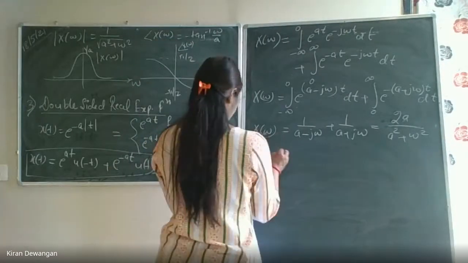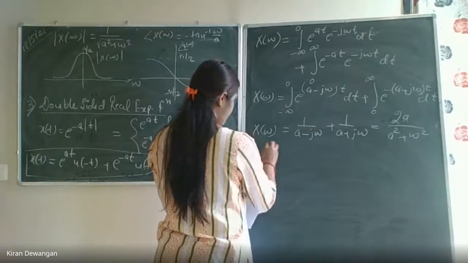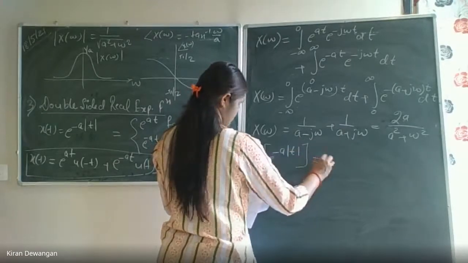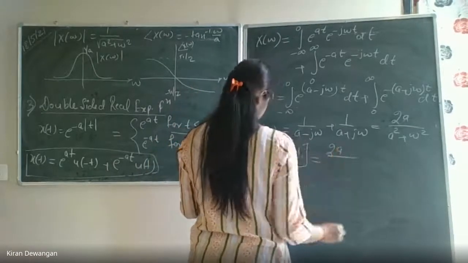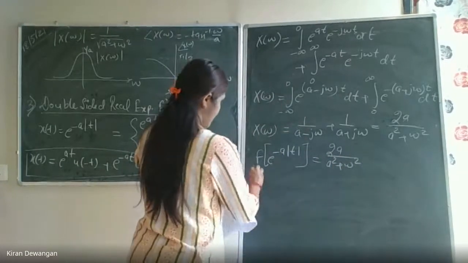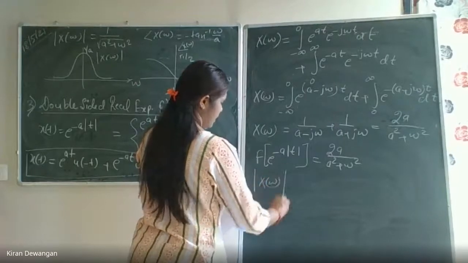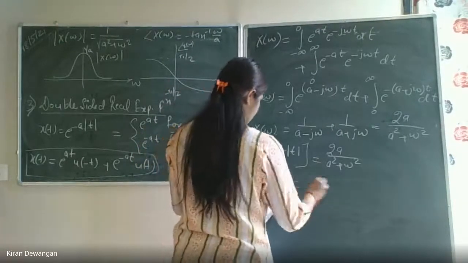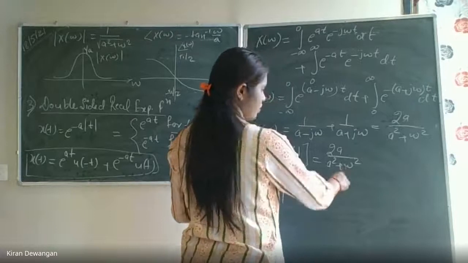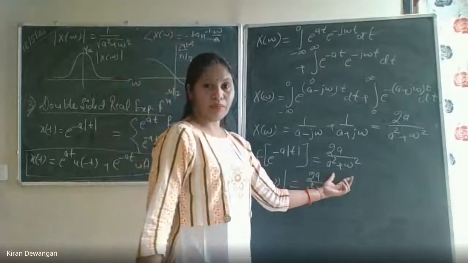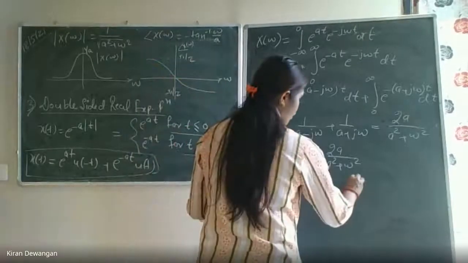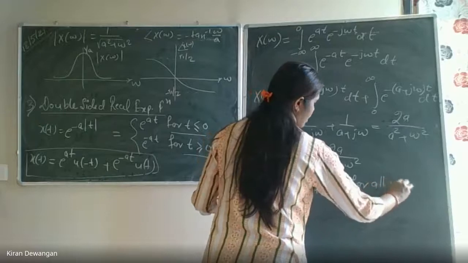Here we can now write that the Fourier transform of e to the power minus a mod t is 2a by a square plus omega square. If I take the magnitude, it will remain the same, 2a by a square plus omega square for all omega, because it doesn't have any imaginary part. Here there is nothing imaginary.